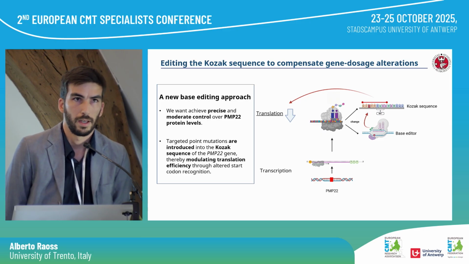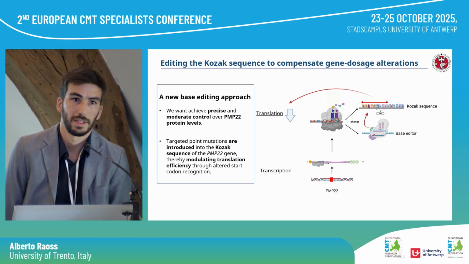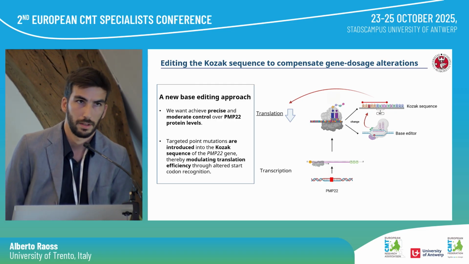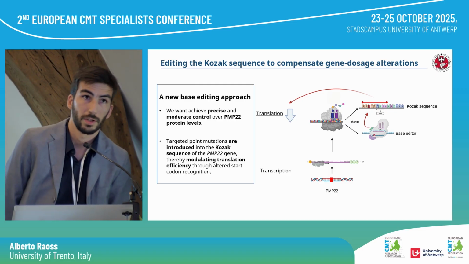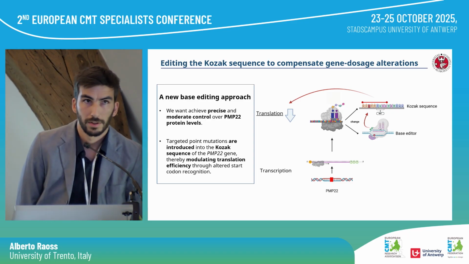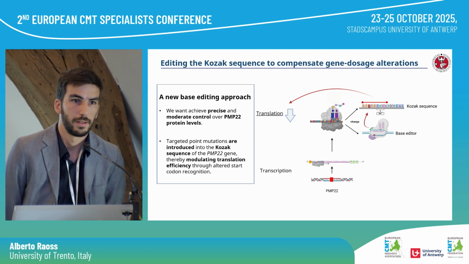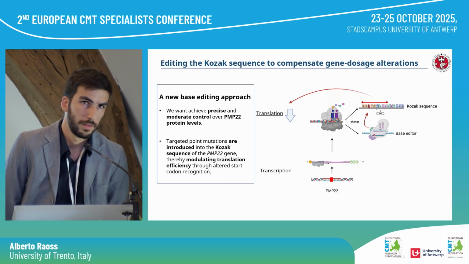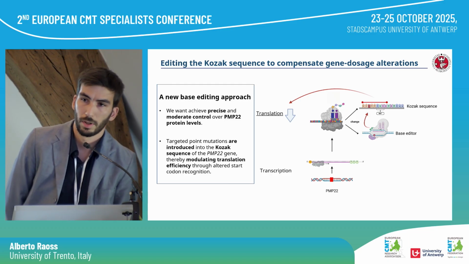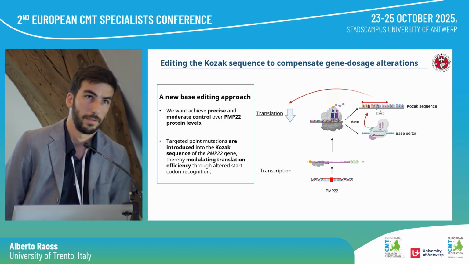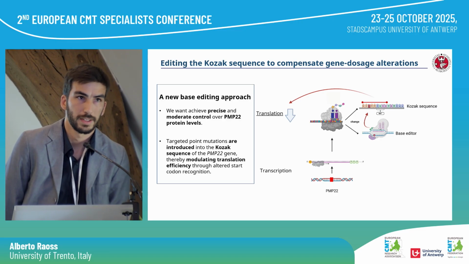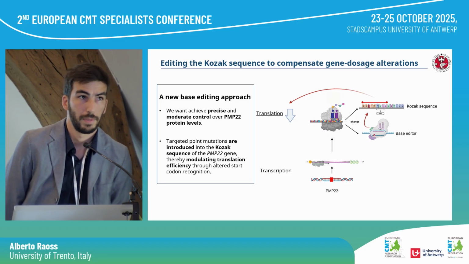There are genes with strong Kozak sequences, meaning that they are able to engage the pre-initiation complex really well and start an effective translation, while there are genes with weaker Kozak sequences that display lower translational efficiency. PMP22 has quite a strong Kozak sequence, and we aim to install single point modifications via base editors and decrease its translational strength, and thus moderately decrease the translation of the PMP22 gene.